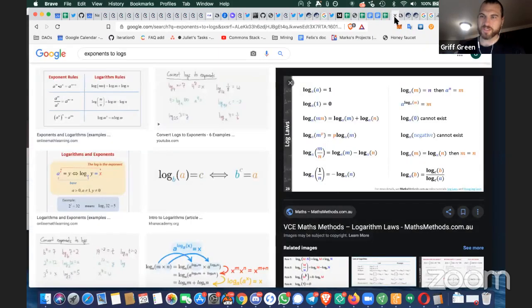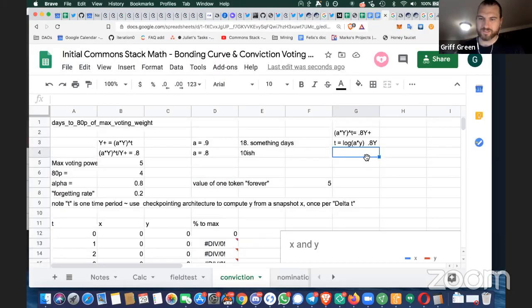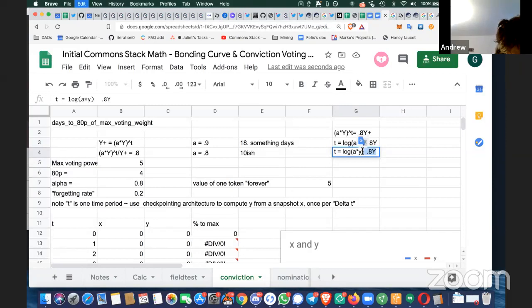Too many tabs here. So then we have t equals, yeah, so we'll just say log 10. So log 10 of 0.8 y plus divided by log 10 of alpha times y.